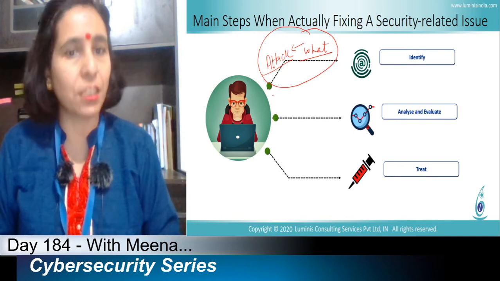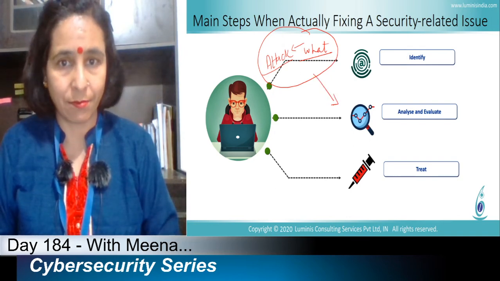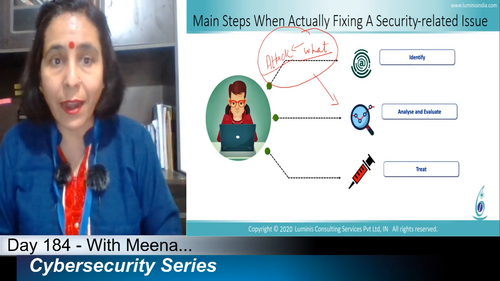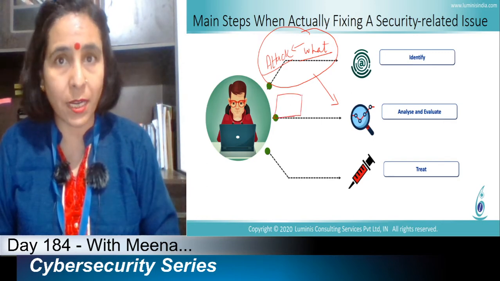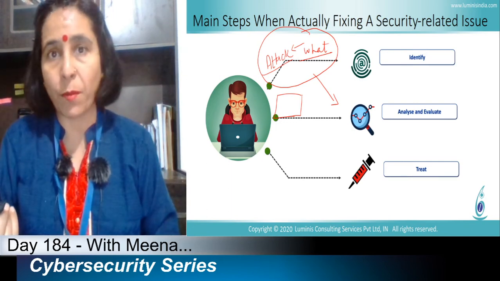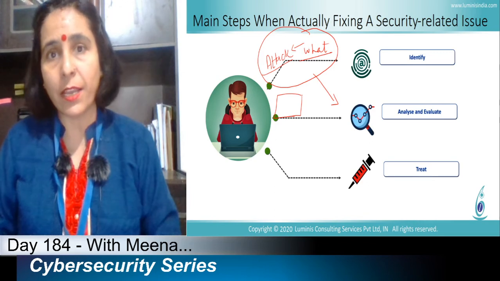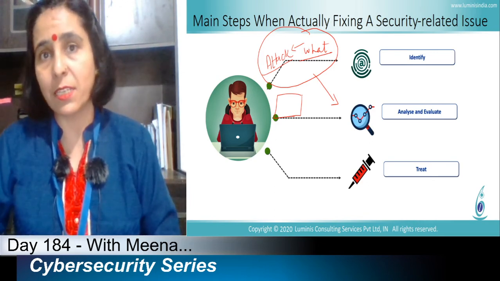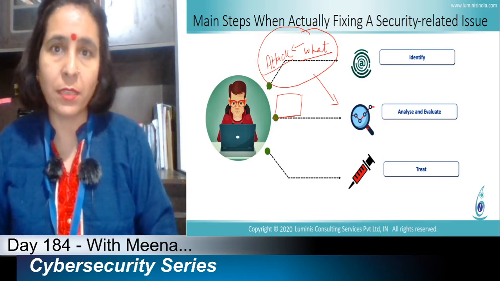Once we identify it, then we need to analyze it, which means we need to go deeper. What area of our organization is affected, and what kind of indicators of compromise exist after that attack? Which devices, which servers, which part of the network are affected by this attack?